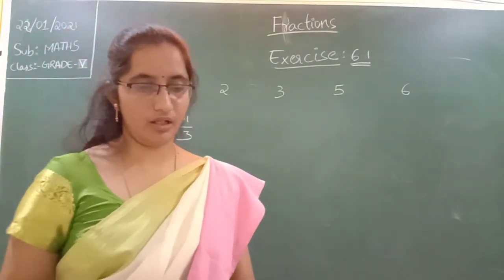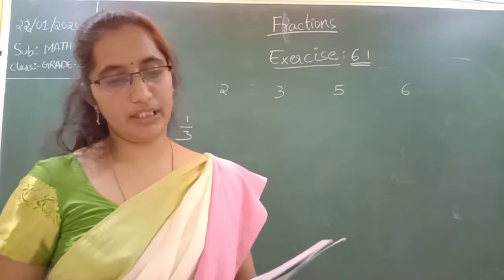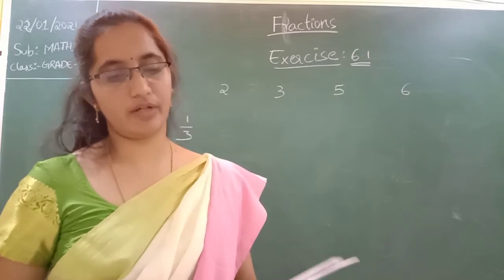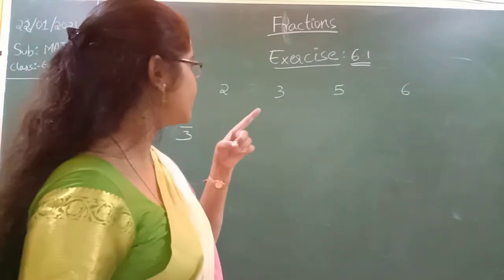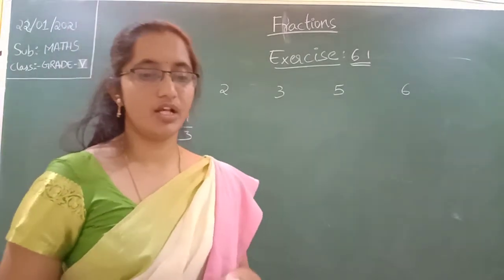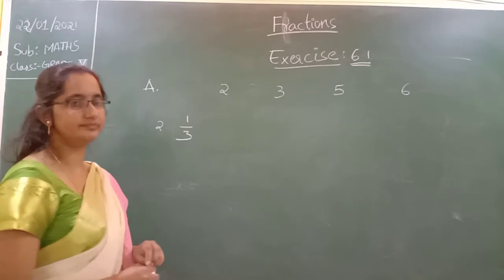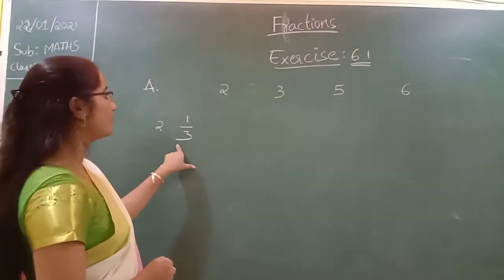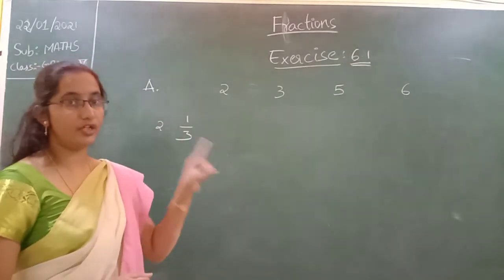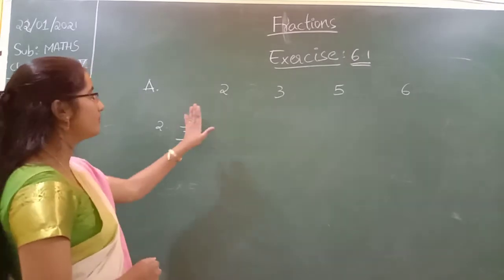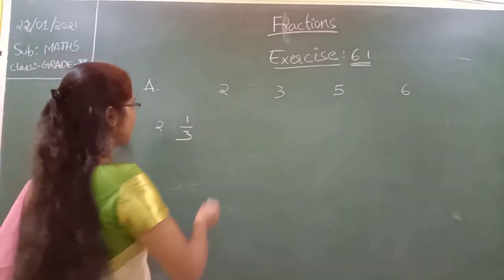In table A, we have to multiply numerator and denominator by these numbers 2, 3, 5, 6. So I took the second one. First and third are for homework. Second one: you have to multiply numerator and denominator by the number 2.